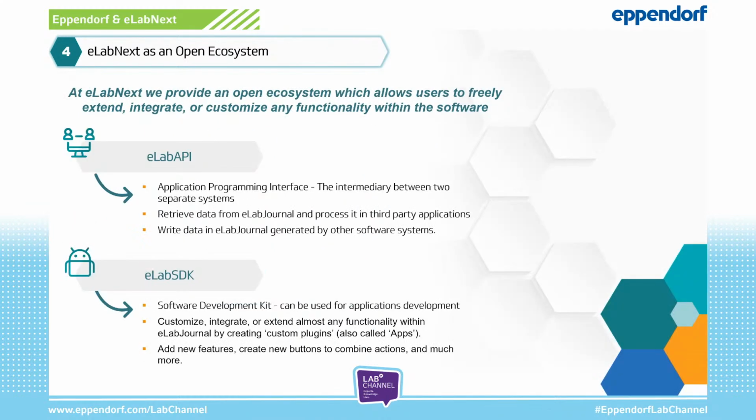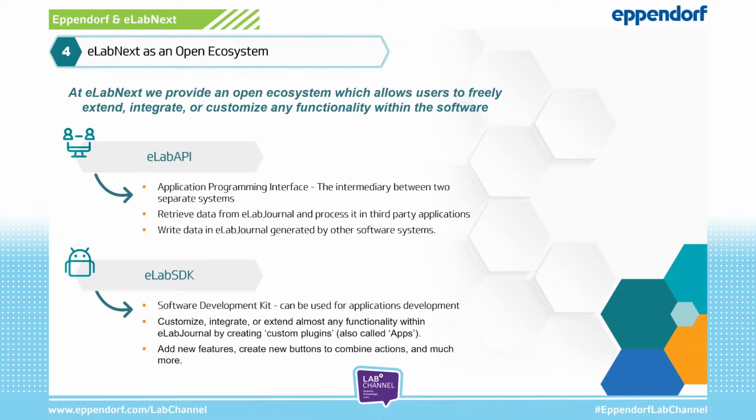So we know that every lab has its own specific workflows and that there are always different features that are important for some labs, but maybe not so much for others. So for this reason, we offer our customers the possibility to further personalize their ELN by integrating or linking third-party software applications using eLab Journal APIs.